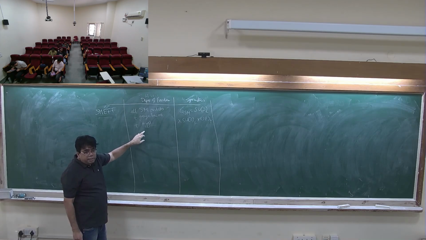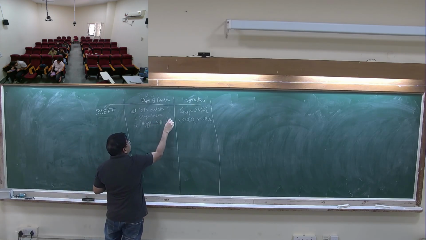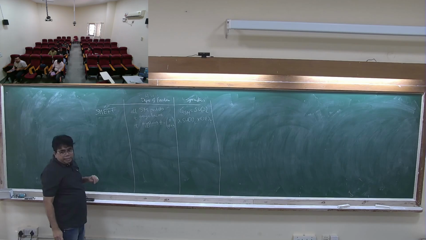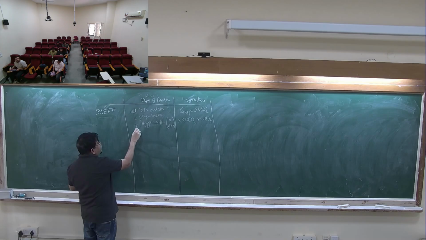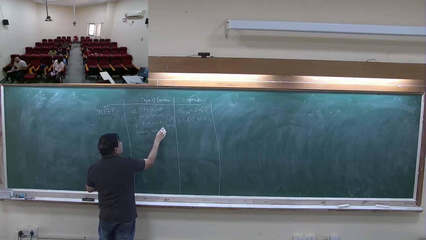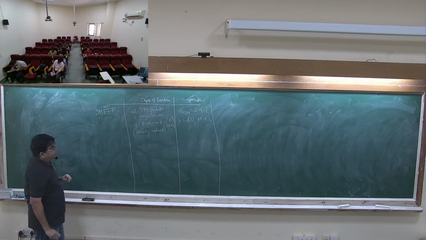Higgs is linearly realized under the symmetry. Higgs is linearly realized, that means under the symmetry it's not non-linearly realized. I'll tell the difference a bit later.